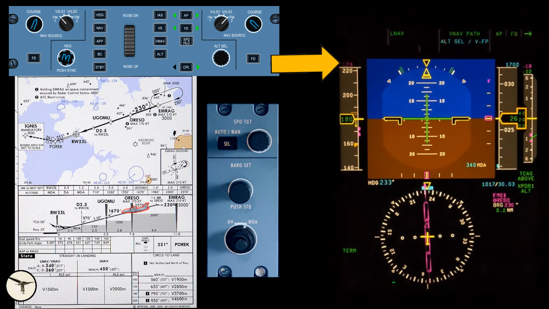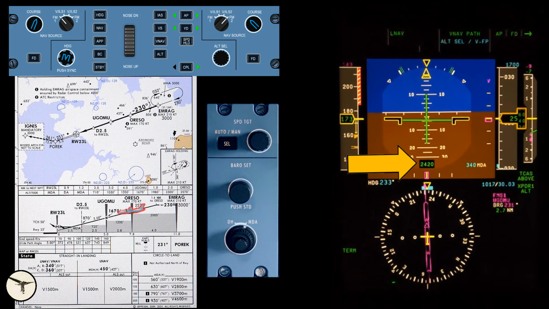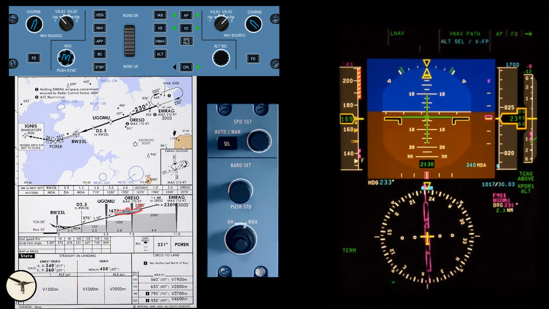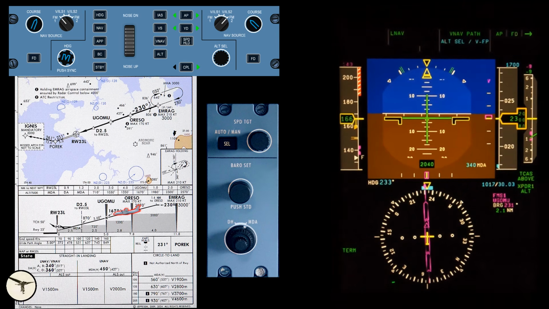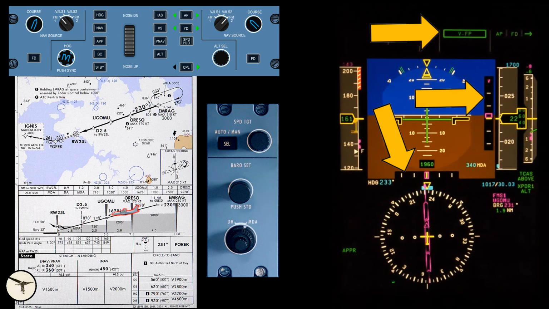Flaps 15. Target speed 140 knots. Radio altimeter alive. Maximum speed for landing gear extension is 170 knots. VFP green.